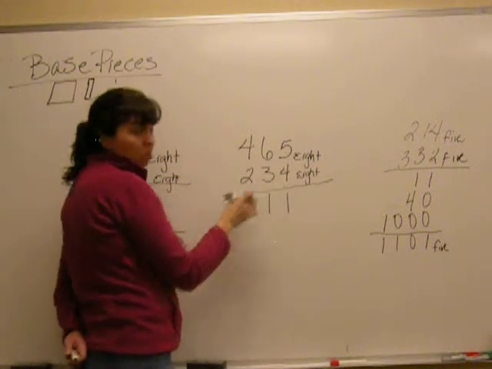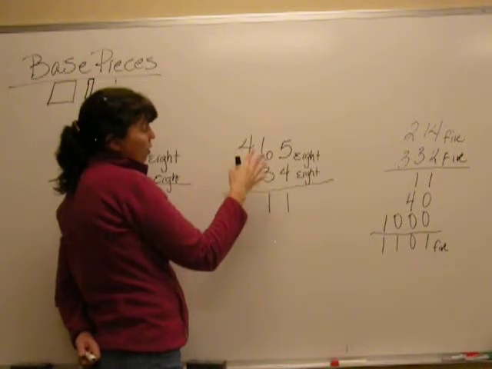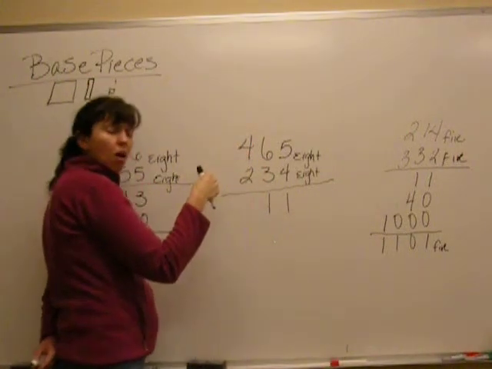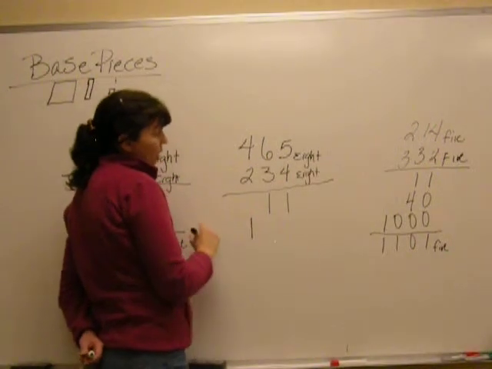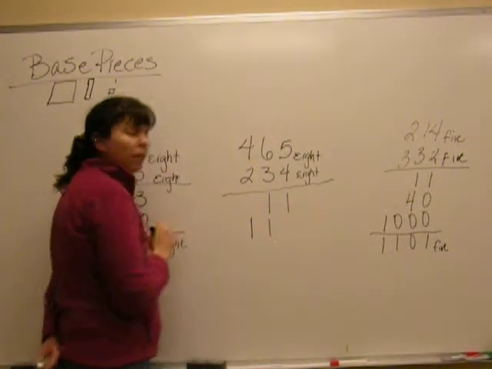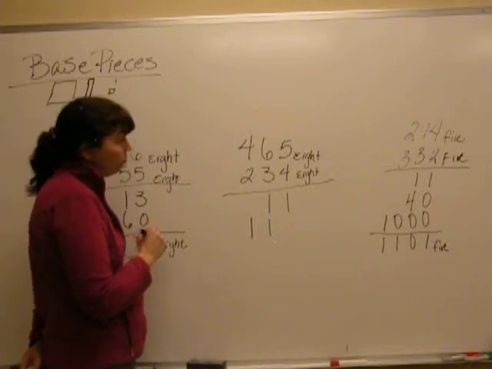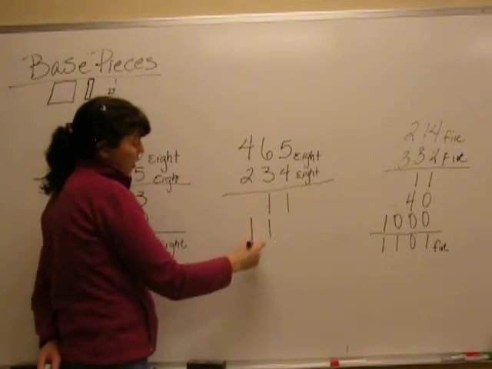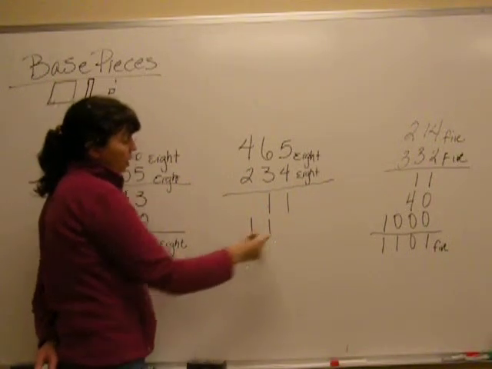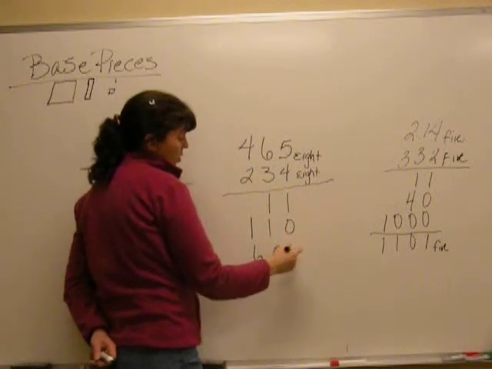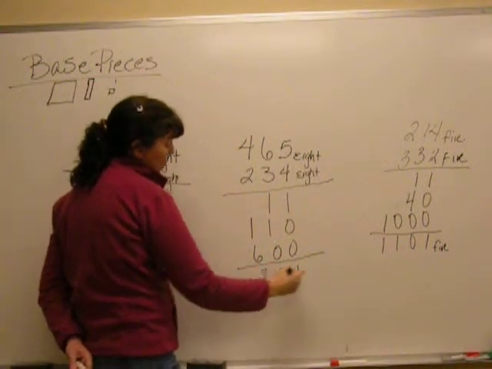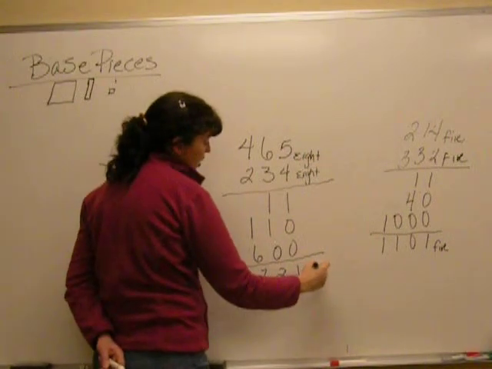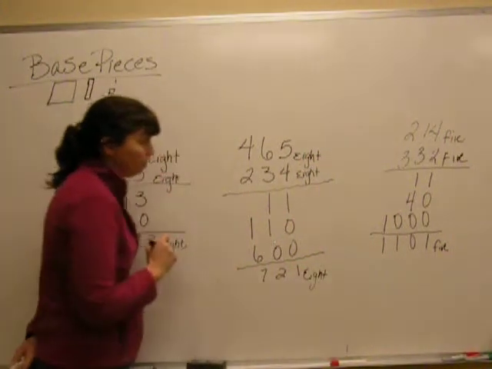We're in the long, so it's 8 longs, which moves over to the flat, so it's a bigger group of 8 with 1 long left over. And then 4 and 2 is 6, and I don't have to do any regrouping there. And so now when I add, I get 1, 2, 7, base 8.